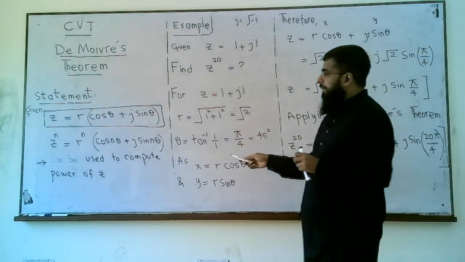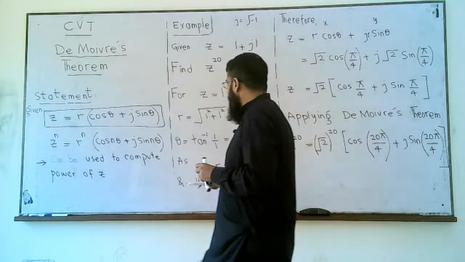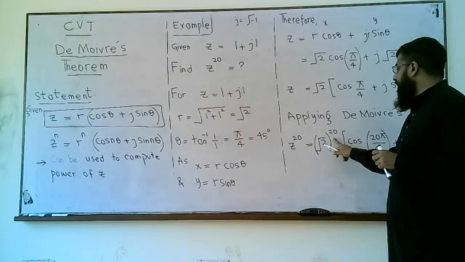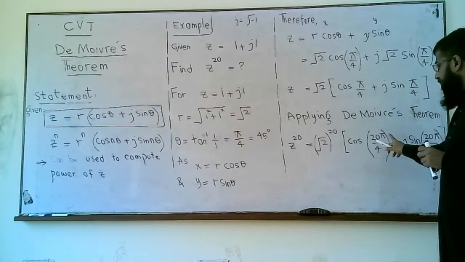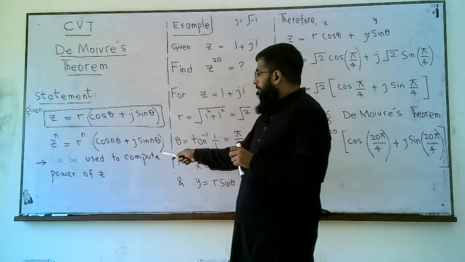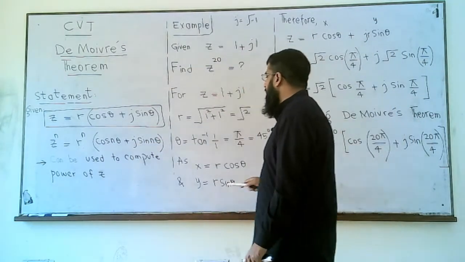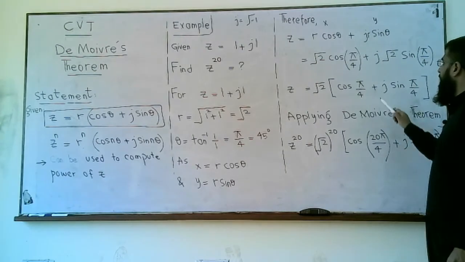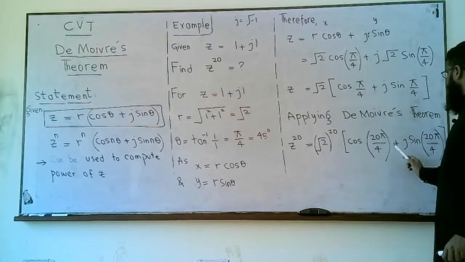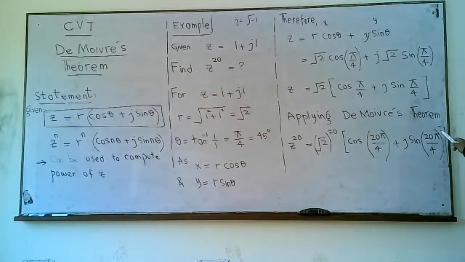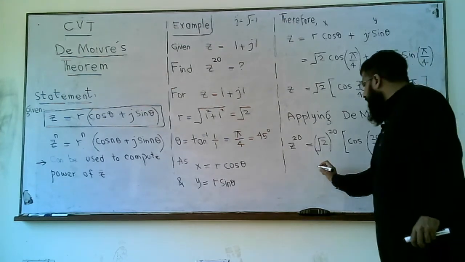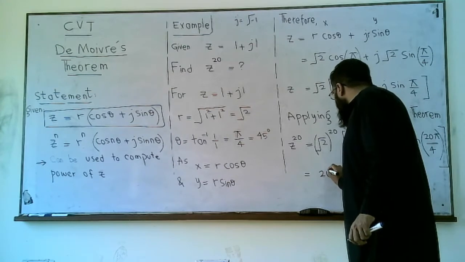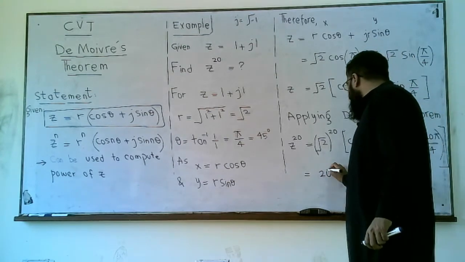That would be r to the n. R is square root of 2 to the n, n is 20. Cos of n theta, cosine of n theta, where n is 20, 20 times theta, theta is pi by 4, plus j sine n theta, n is 20, theta is pi by 4. Right. We know the square root is raised to the power 1 by 2.